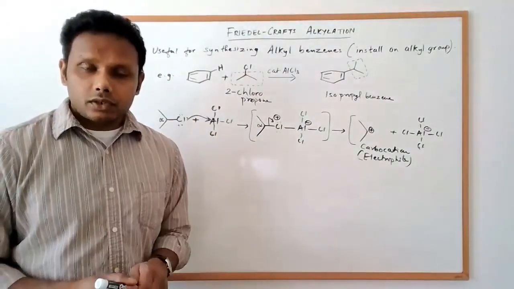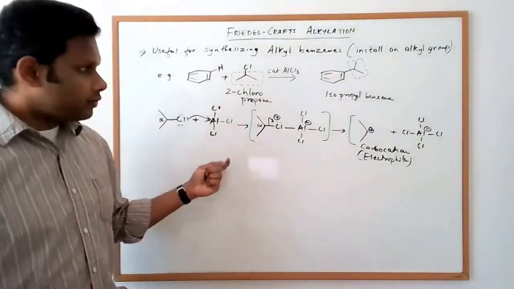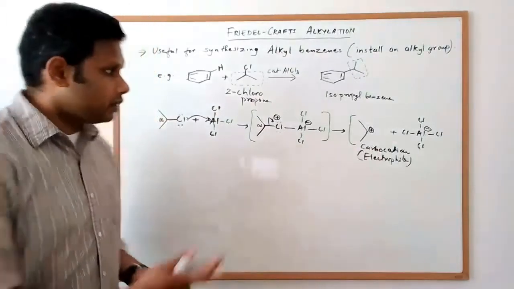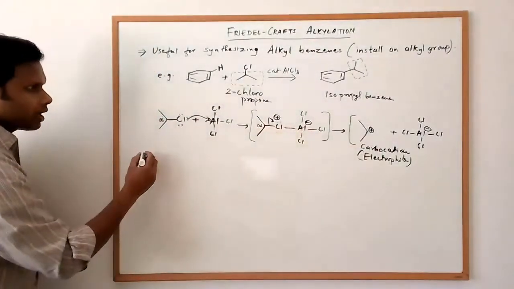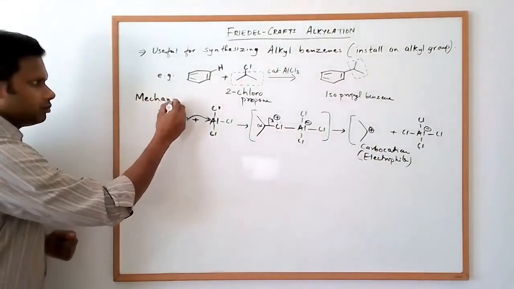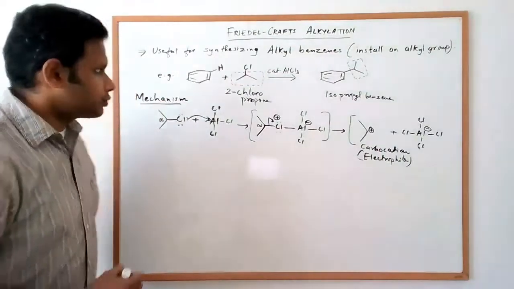As we discussed earlier, the mechanism of this reaction involves the formation of this carbocation, which serves as the electrophile. Once the carbocation is formed, the mechanism starts here because we have to show the formation of the electrophile.